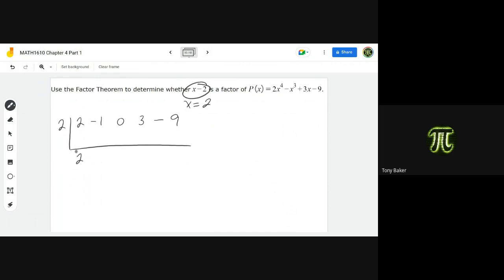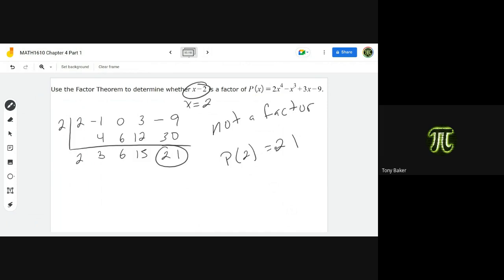So bring down the 2, 4, 3, 6, 6, 12, 15, 30. So 21 is my remainder. So not a factor. And P of 2 equals 21.